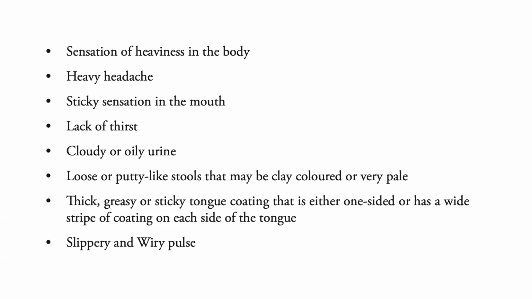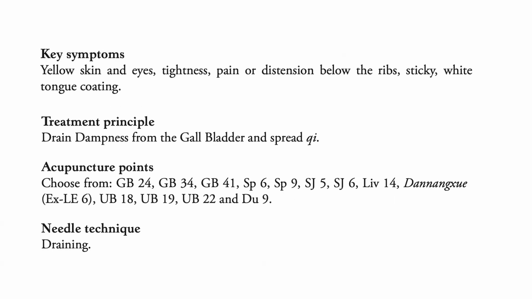There will be sensation of heaviness in the body, heavy headache, stiff sensation in the mouth, lack of thirst, cloudy or oily urine, loose or puddle-like stools that may be clay-colored or very pale, thick, greasy or sticky tongue coating that is either one-sided or has a wide stripe of coating on each side of the tongue. The pulse is slippery and wiry.